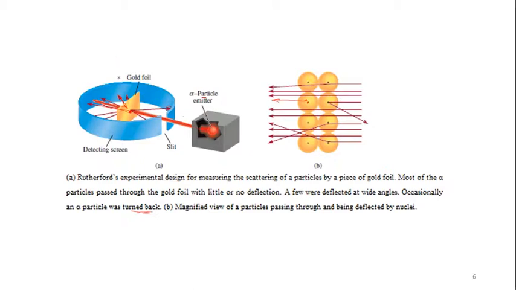So Rutherford gave his postulation that the atom is actually a very big empty space that contains a nucleus with positively charged particles and electrons which surround this nucleus.